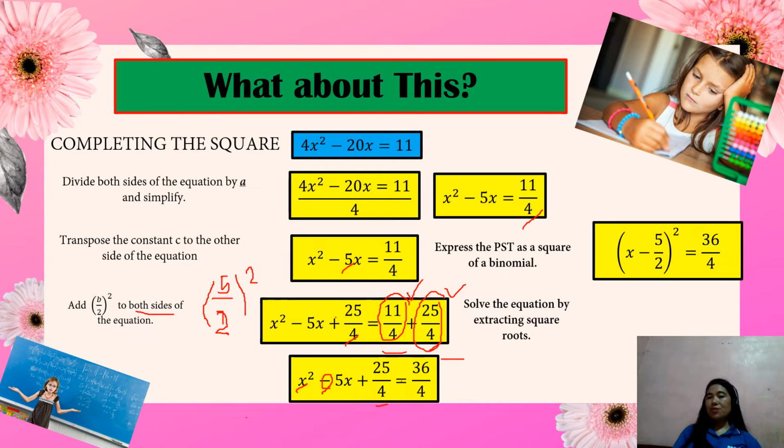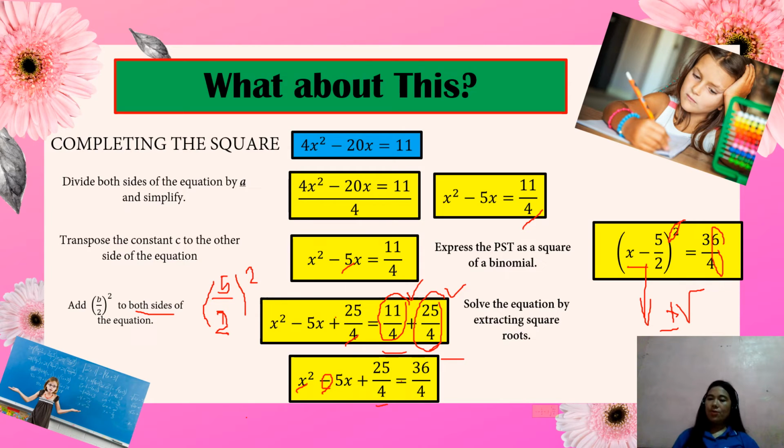Now, the next step is to solve the equation by extracting the square root. What we usually do in extracting the square root is bring down what is inside the parentheses, and change the right side into plus and minus the square root of this one here.